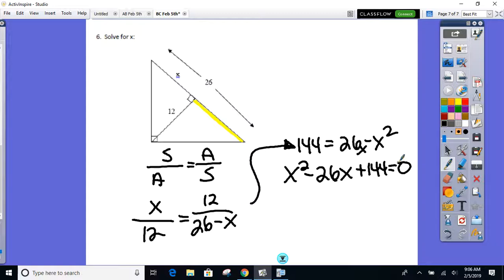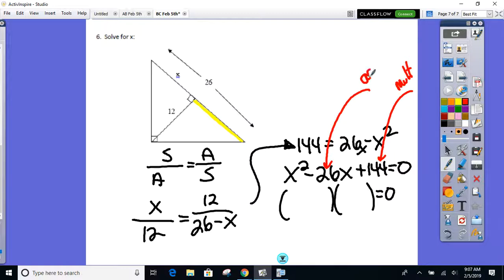And yes, because of the time and the level we're at, we are going to try to factor that. Numbers that multiply to what? 144 and add to negative 26. Don't yell it out. Try to find it on your own.